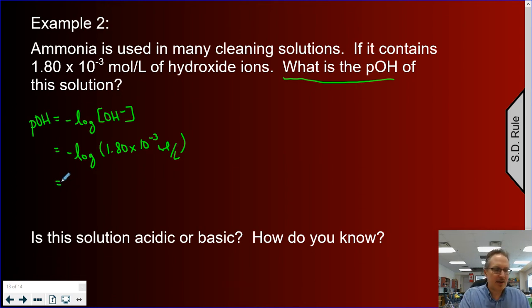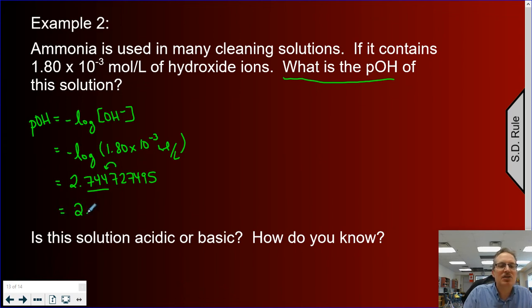So negative log, brackets opens up, 1.80 times 10 to the negative 3, close the brackets, and my answer is 2.744727495. Again, my concentration has 3 sig figs, so that means I'm going to have 3 decimal places. I'm going to record my pOH as 2.745. Reminder, no unit on pH.